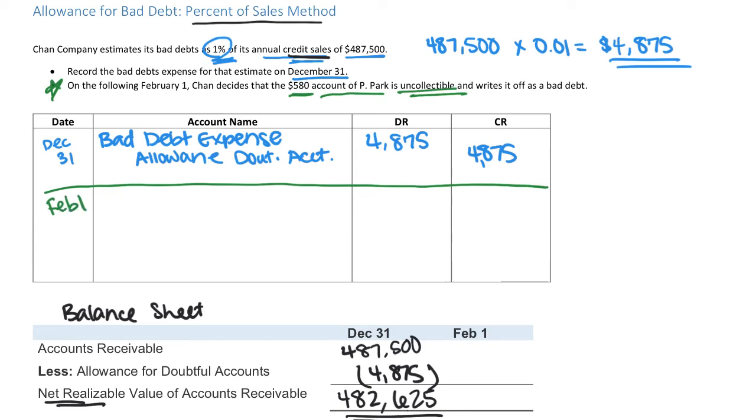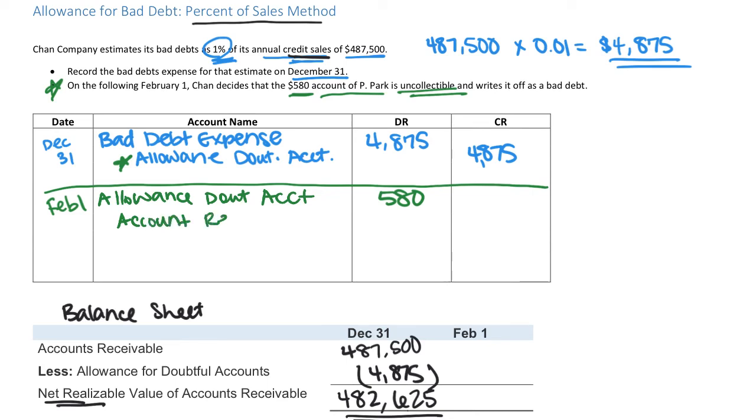Our goal here is we're going to remove the person's accounts receivable and take money out of this allowance account. So in order to take money out of that savings account, we're going to debit it. We're going to debit allowance for doubtful accounts for the amount we want to take away, $580, and we want to remove that customer specific account receivable.